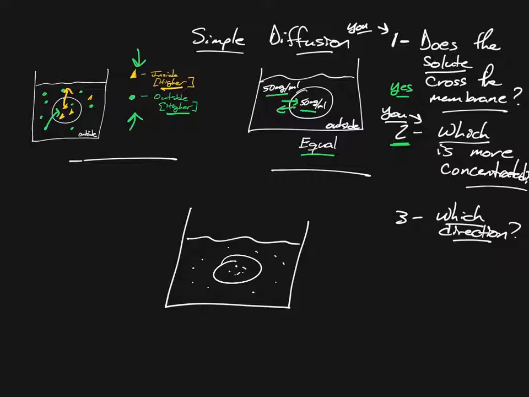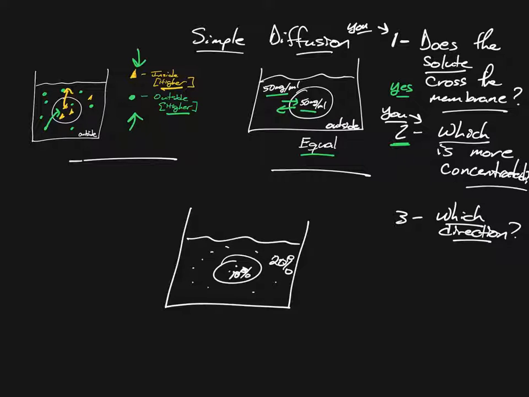Let's say sugar, all glucose. Now, if there's less on the inside, let's say 10% inside and 20% outside.